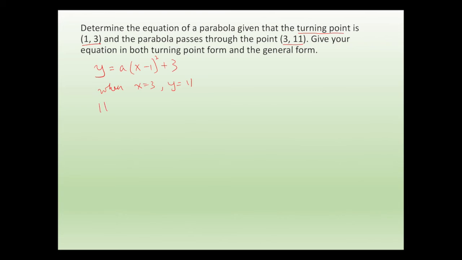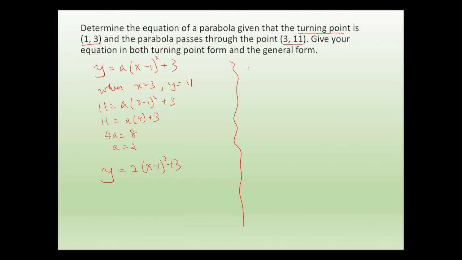Substituting, 11 equals a(3 minus 1) squared plus 3. So 11 equals a, 3 minus 1 is 2, 2 squared is 4, plus 3. 4a equals 11 minus 3, which is 8, so a equals 2. So the turning point form is y equals 2(x minus 1) squared plus 3.